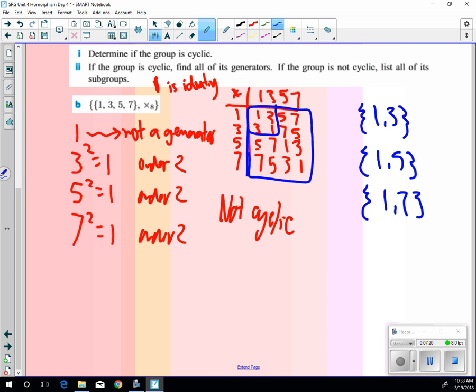But you couldn't do 1, 3, 5. That wouldn't work. It wouldn't be closed. Or 3, 5, 7. It would have to be all of them, 1, 3, 5, 7, to be closed again. So these are all the subgroups. Does that make sense? Cayley table, super helpful with this one.